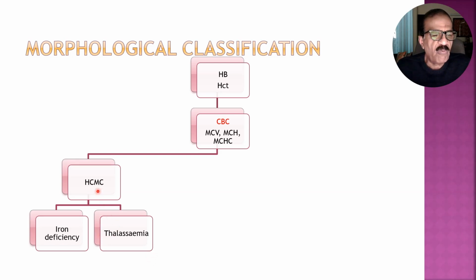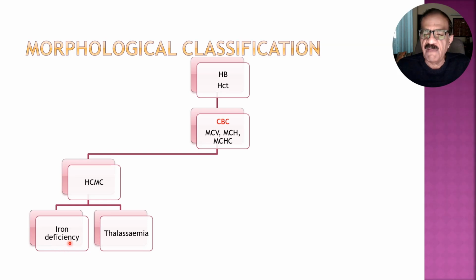Another cause of hypochromic microcytic anemia in our country is thalassemia. Now let me emphasize that thalassemia is not at all rare. It is definitely much less common than iron deficiency, but it is common. So I think by default, all patients with hypochromic microcytic anemia would be considered as cases of iron deficiency.